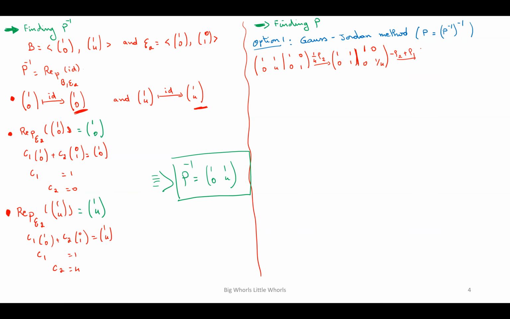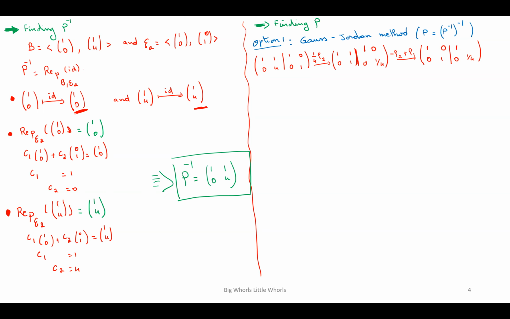I'm sure you know how to do the Gauss method, Gauss-Jordan, so I'm going to fly through them. Okay, so 0, 1, 0, quarter here. So minus row 2 plus row 1. Here we have 1, and there we have 0. We have 1 here.